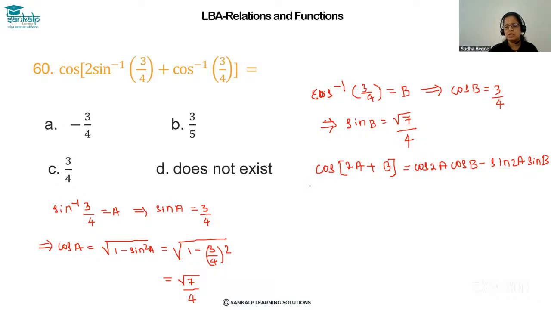Cos A plus B is cos A cos B minus sin A sin B.